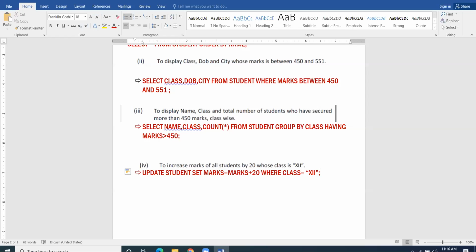Whenever you are to make any change in the existing record, you will always take update command, update table name, set keyword. This is the keyword, marks equal to marks plus whatever amount you want to increase the marks, then where clause and the condition.